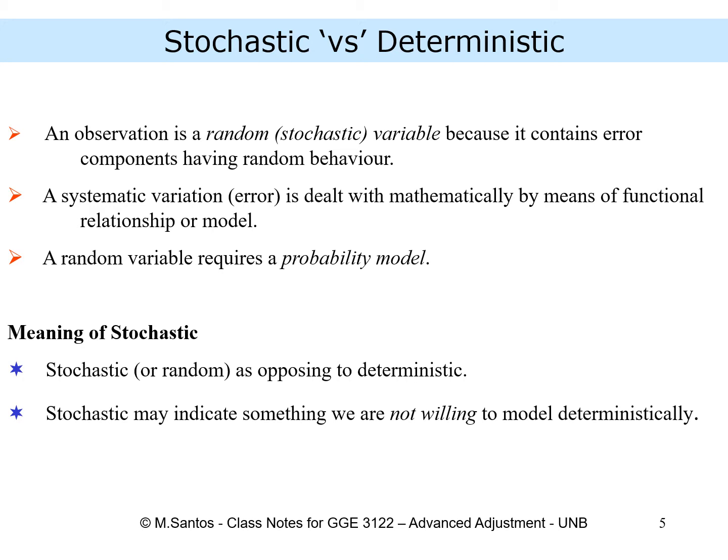Therefore, we deal with a stochastic model and a functional or deterministic model. The meaning of deterministic is that a quantity can be determined correctly by means of an exact formula. The meaning of stochastic can be twofold. It may either indicate the opposite to deterministic, or it may indicate something we are not willing to model deterministically.